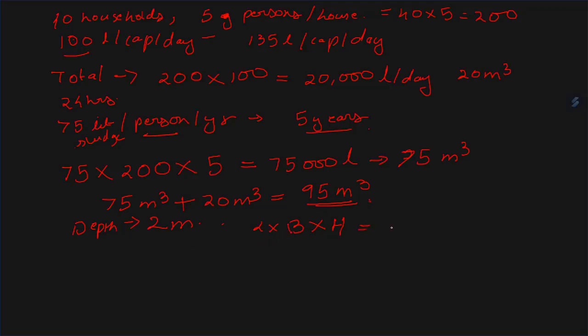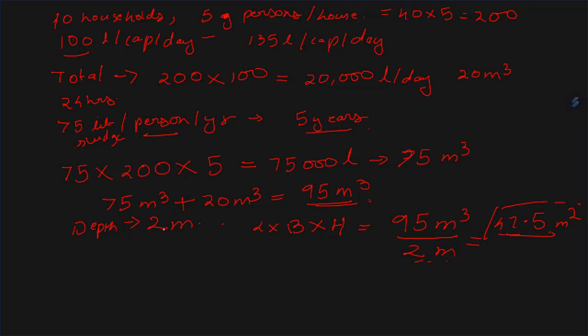That's what I am doing here. So 95 meter cube is my volume, and I am dividing it by depth, which is 2 we have assumed. It will give me the area of the free surface, which is 47.5 meter square.